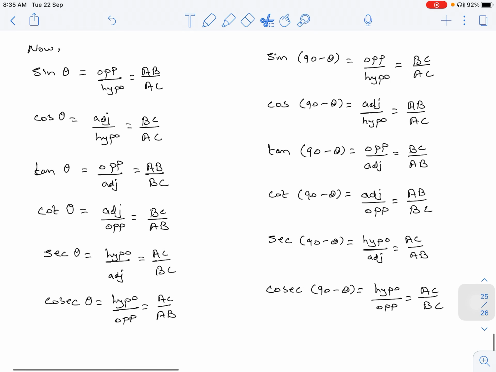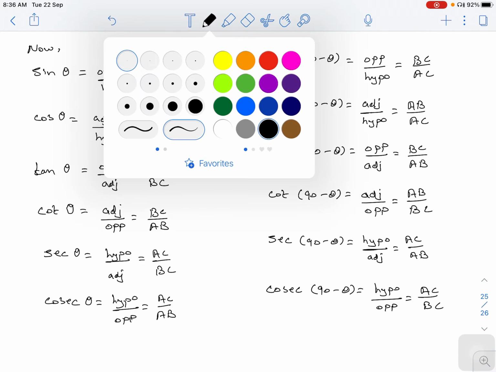Now, if you look at these ratios, it can be seen that whatever is the value of sine theta, that is AB upon AC, the same is for cos 90 minus theta, that is AB upon AC. So what can we say? Let us link it, okay?